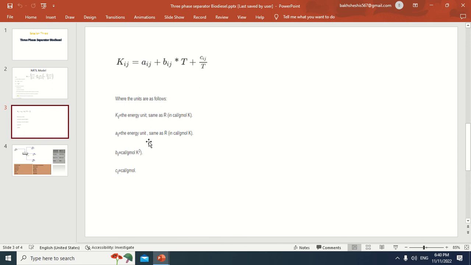Aij, the energy unit same as R, calorie per gram mole. Bij, calorie per gram mole, and Cij, calorie per gram mole. Units of Bij are corrected with respect to temperature.